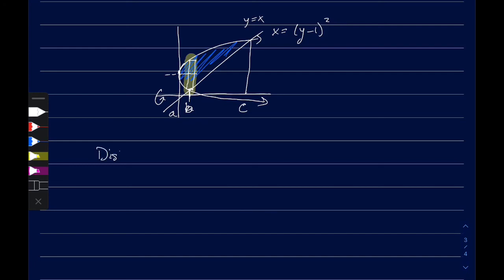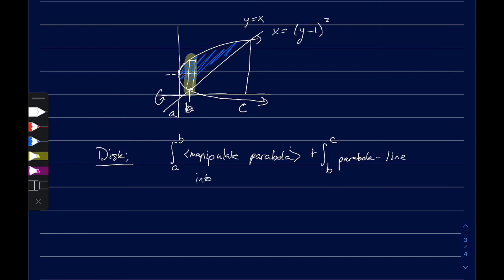So if we were to use the disk method, we would have to integrate from A to B, and then we'd have to manipulate the parabola, and then we would have to add the integral from B to C of the parabola minus the line.